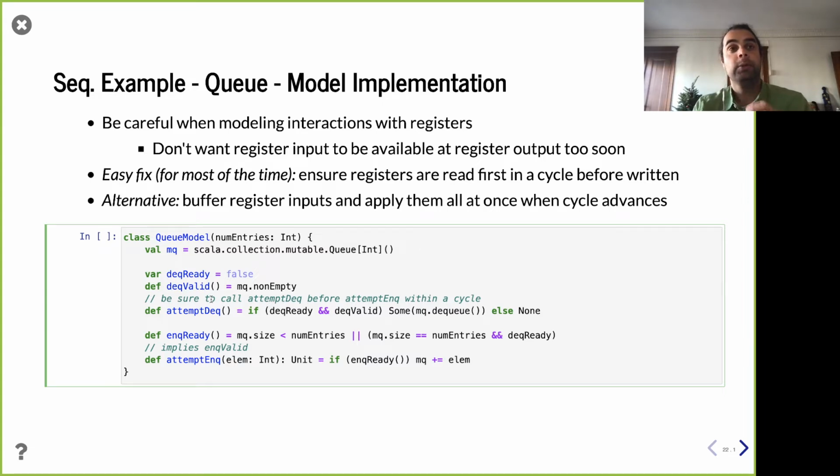In particular, we need to make sure when registers update, that update happens at a time that makes sense, right? And so remember the semantics of registers are that they only update their value once per cycle, right? Conventional logic, as soon as you change the input, the output changes immediately. For a register, just because you change the input, the output won't change until the next cycle, right? And so the question is, how do you model that?